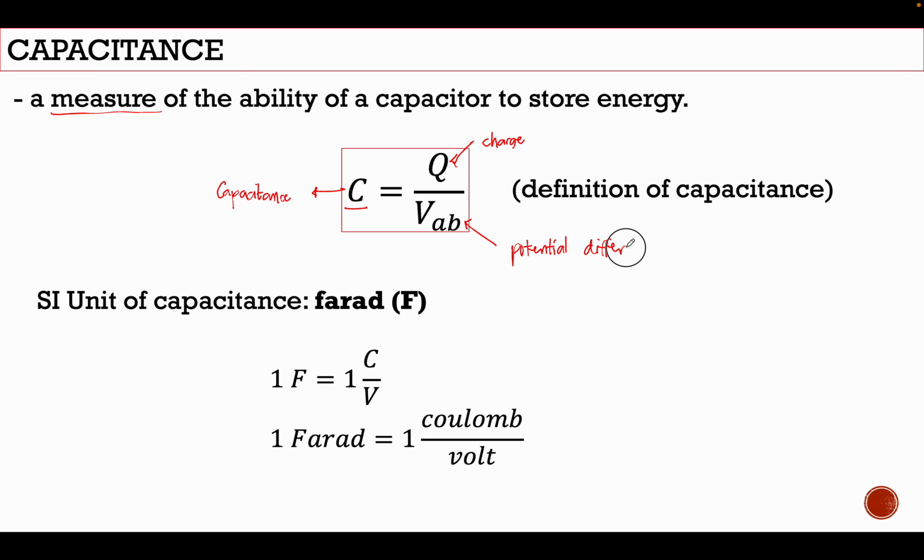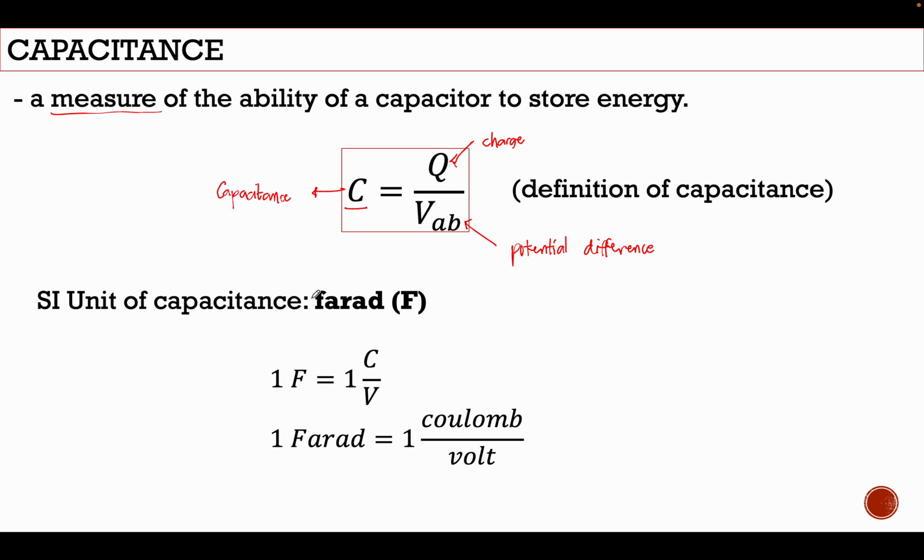We discussed last meeting all about the potential difference, or the voltage from points A to B, or B to A. This is the potential difference between the capacitors. This is how we would solve for the capacitance of a capacitor. Again, C is equal to Q divided by VAB, the potential difference.